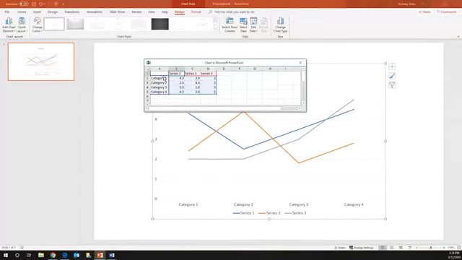So let's say we're going to change the category to hitting. And the column, the series, is going to be frequency.